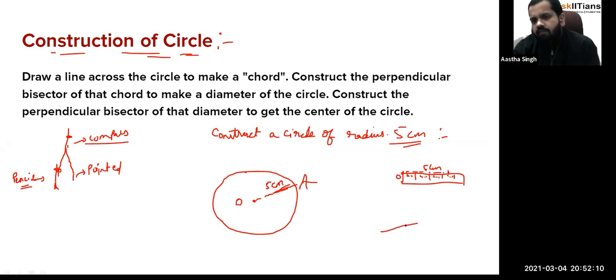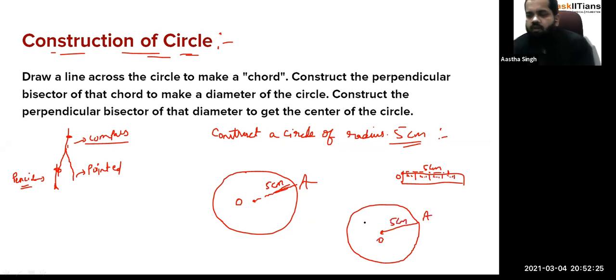Just take a line segment and revolve it about its center, right? So you will find that your circle of 5 centimeter radius will be drawn. So this is how you will construct a circle.